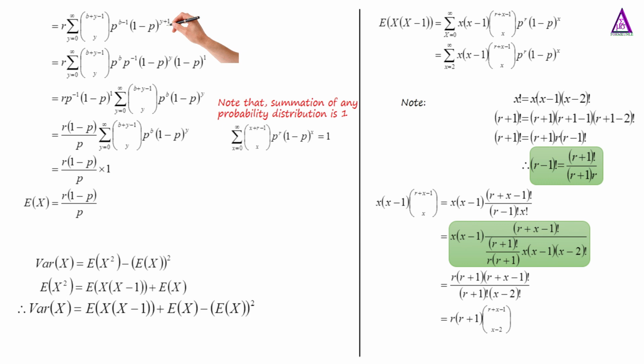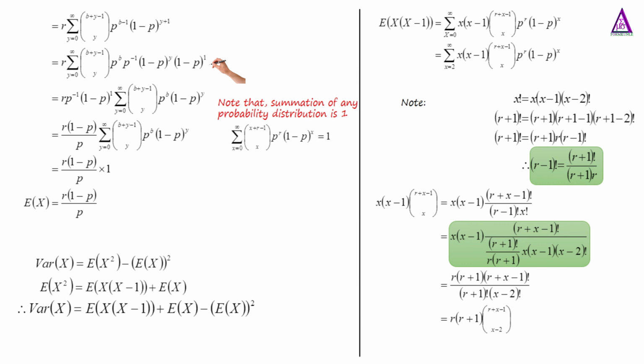And in this equation, we can see that we split out p raised to the power b minus 1 into two. That is to say, we now have p raised to the power b and p raised to the power negative 1. Also, we have in the bracket 1 minus p raised to the power y.